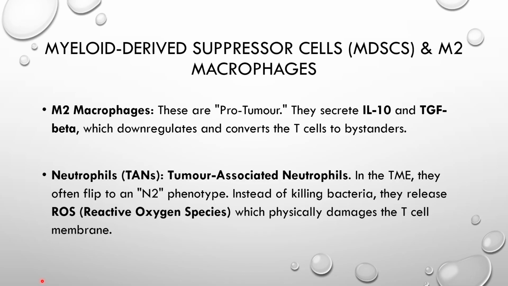And the other one is tumor-associated neutrophils. I talked about neutrophils as one of the innate phagocytes that are responsible for phagocytosis of, I think, extracellular bacteria. But in the tumor microenvironment, they flip to a specific type, an N2 phenotype, and instead of killing bacteria, they release their reactive oxygen species, which then damages your T cell membrane. So these are the myeloid-derived suppressor cells.